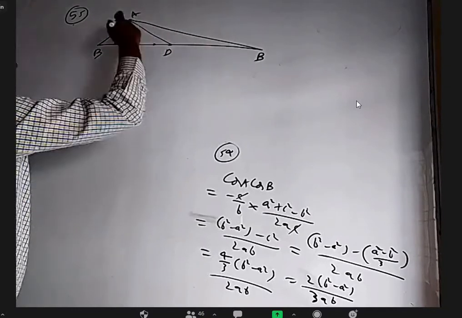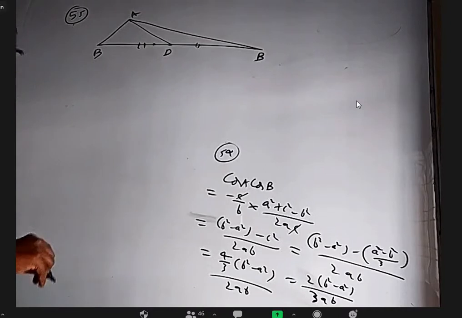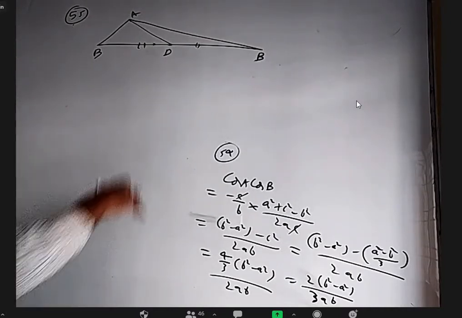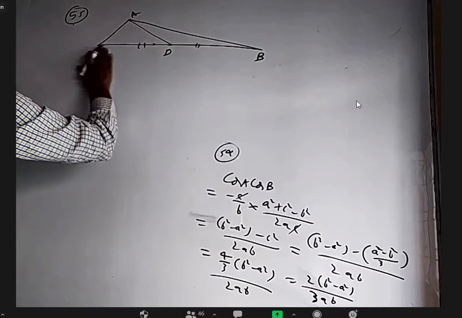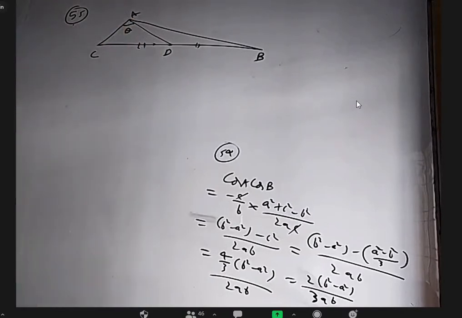This length is double of this length, median, and makes an angle theta with AC. They wanted sine theta in terms of some things.